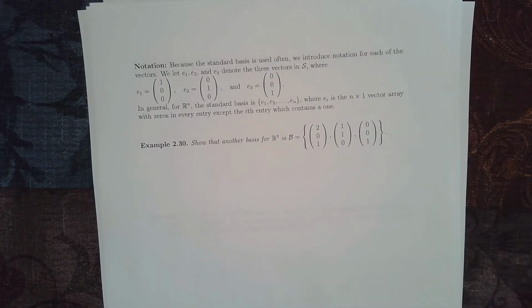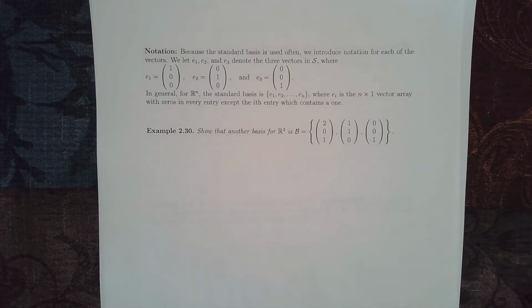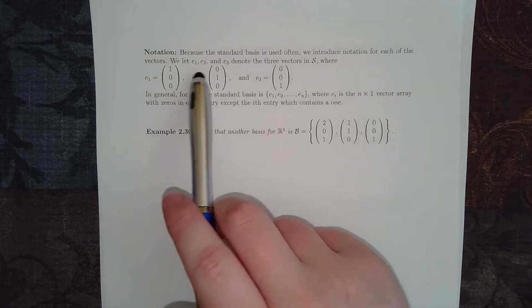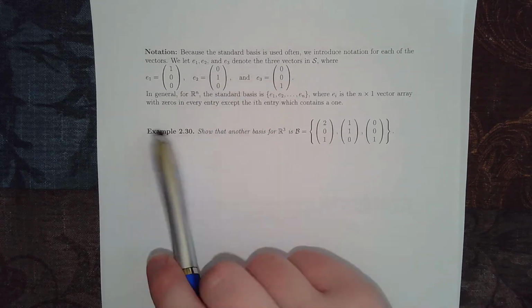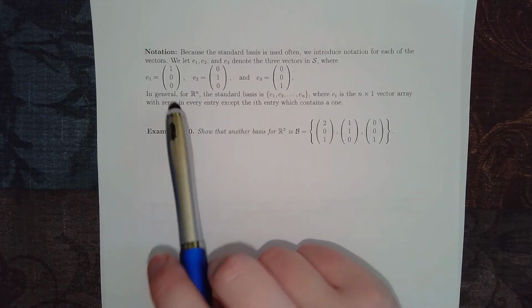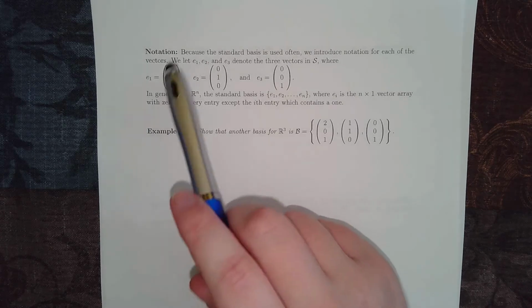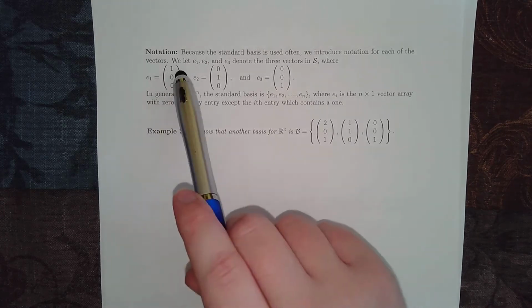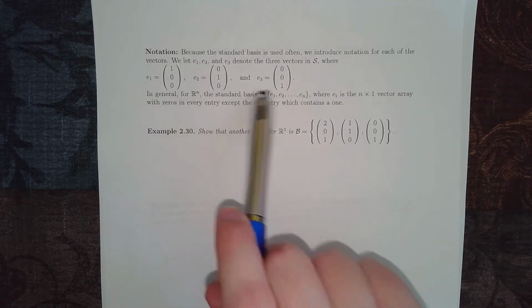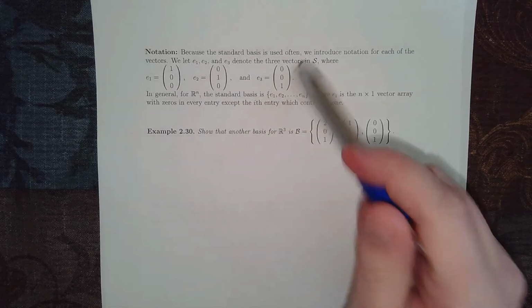And so, just a little bit of notation. The standard basis is something that's actually pretty intuitive to build and come up with on your own. Because it's so often used, there's sometimes special notation for it. Sometimes it'll be E1, E2, and E3, and they denote the vector that has a 1 in the first position, second position, or third position and zeros everywhere else.